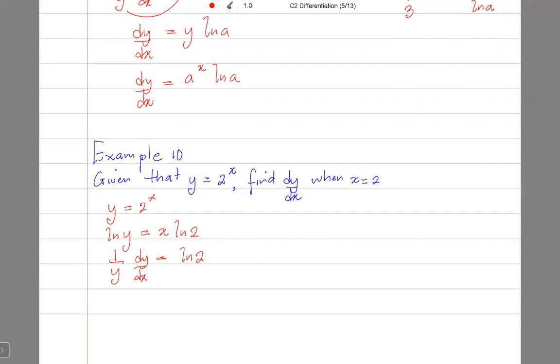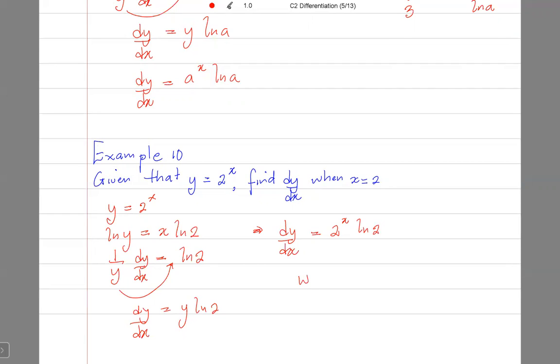We differentiate x ln 2 with respect to x, and you're going to get ln 2. Bring this y over here. We're going to get dy by dx is equal to y ln 2. And so dy by dx is equal to 2 to the x ln 2.